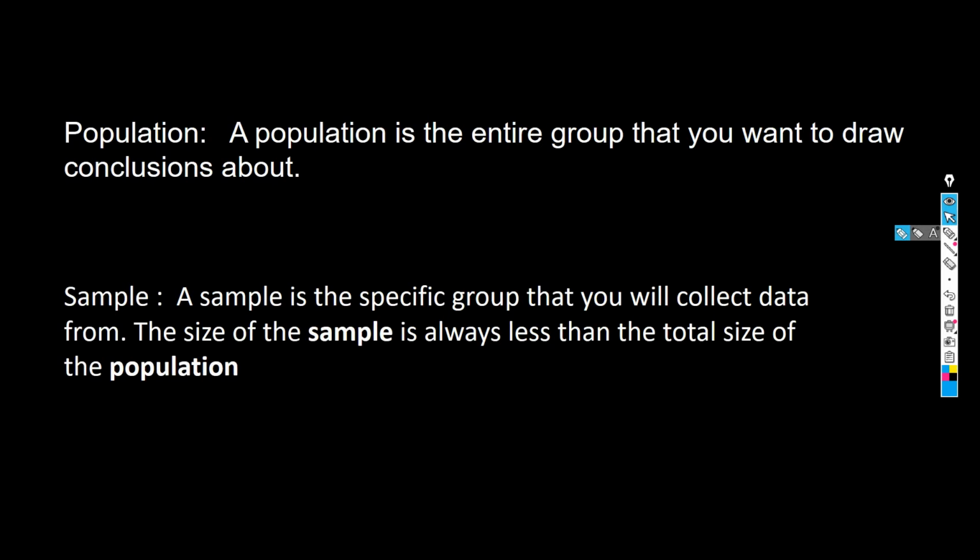That is the reason the size of the sample is always less than the total size of the population. So what is the meaning of a sample? A sample is a specific group that you collect data from the population. And as we discussed, the size of the sample will always be less than the total size of the population.